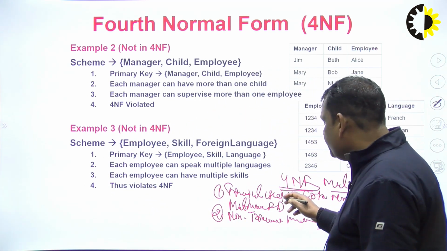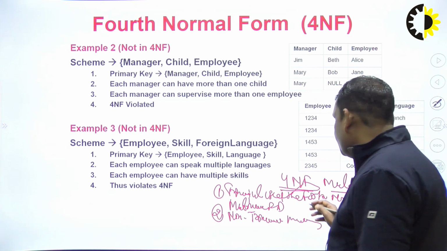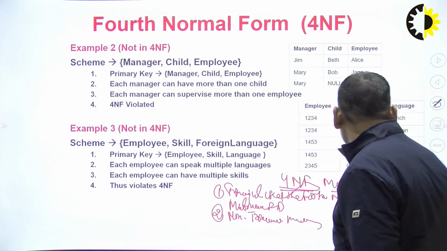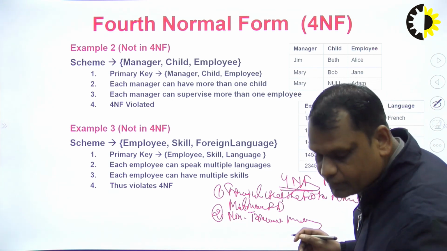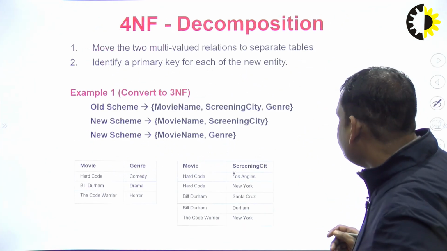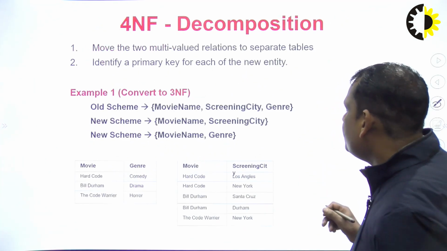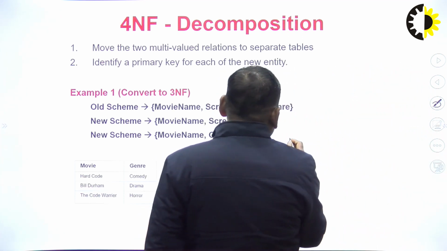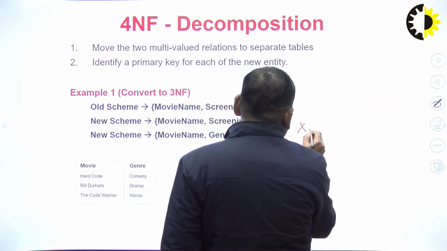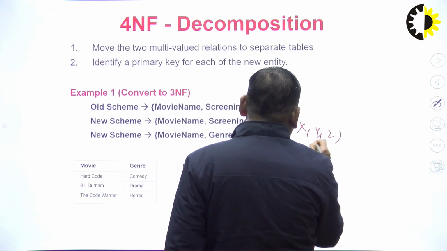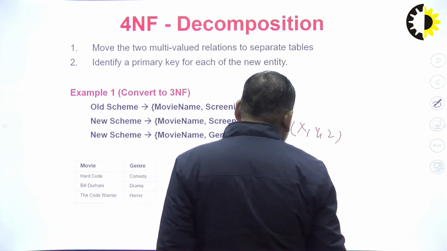Trivial multi-value functional dependency example: X, Y and Z are relation table names.